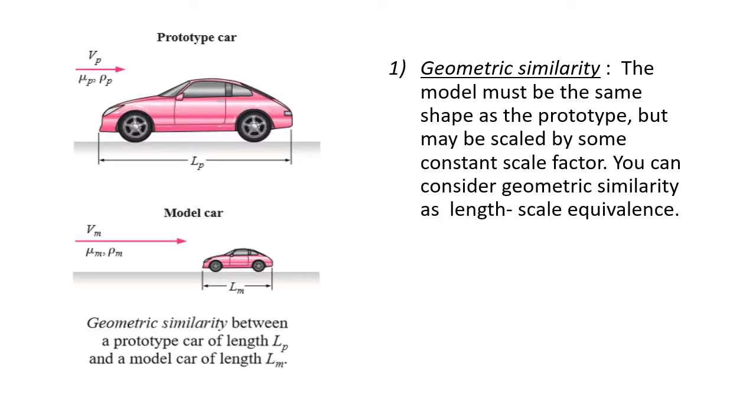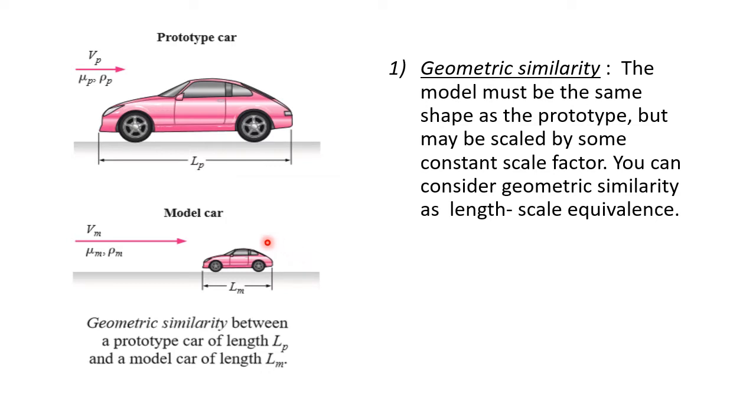First one is geometric similarity. So what is geometric similarity? The model must be the same shape as the prototype. So if you look at this, this is a prototype car that we want to run on the road, but before constructing this prototype car we are going to construct a small model, the scaled down structure of that car.